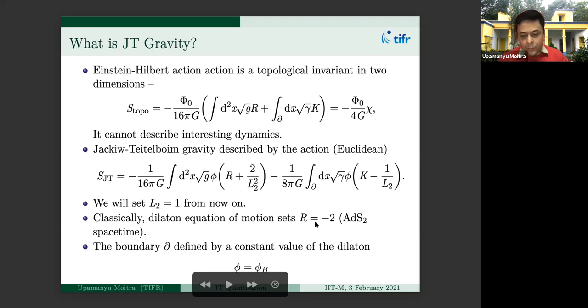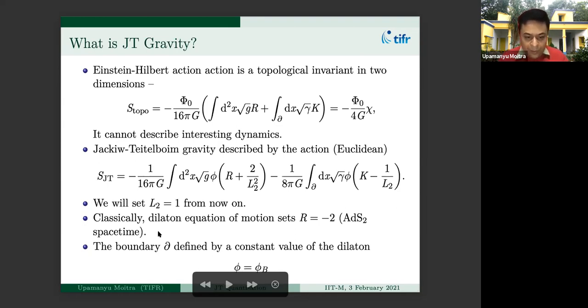And therefore, we get R equals minus 2, which is a constant curvature spacetime, or in other words, AdS2 spacetime. And there's also this boundary, which I have denoted by a del here. This boundary is defined by a constant value of the dilaton, phi equals phi_b.